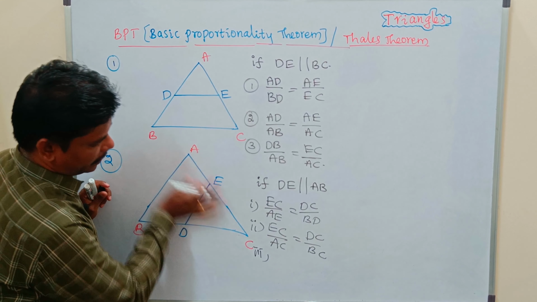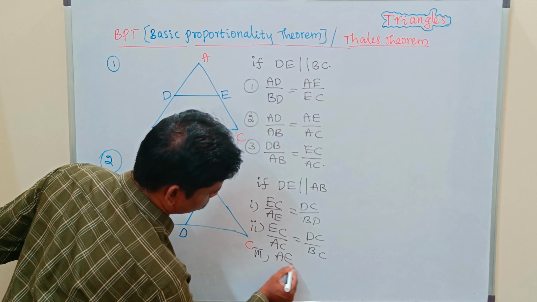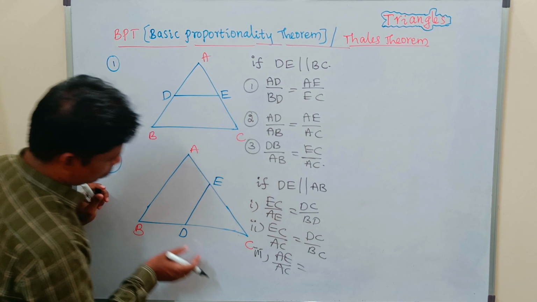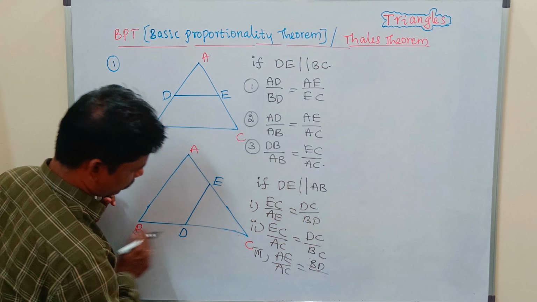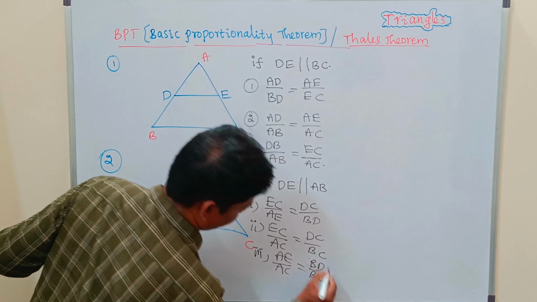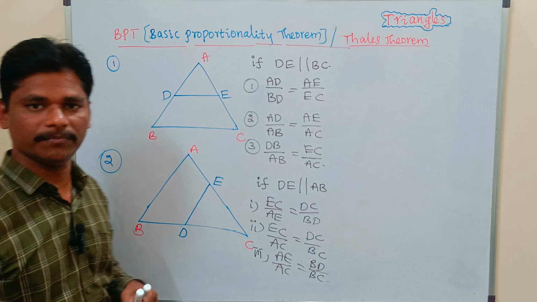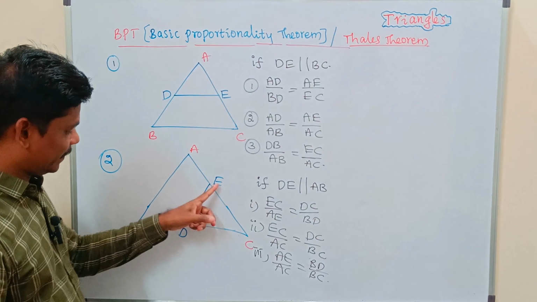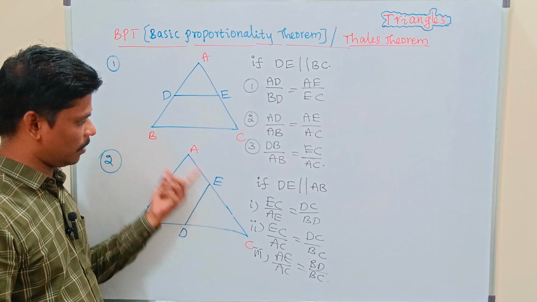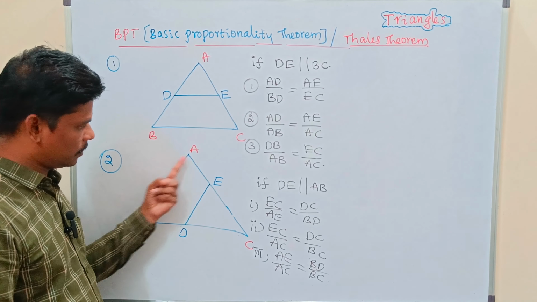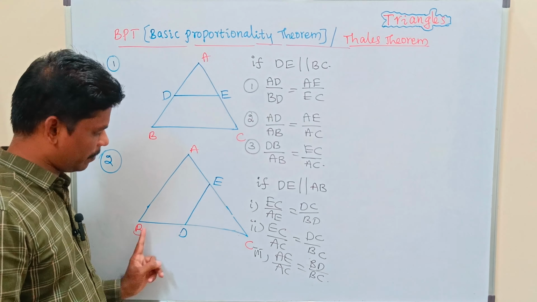Here AE by AC is equal to DB by BC, or BD by BC. Got it? So if DE is parallel to AB, we get small side ratio and small by big side, small by big side.